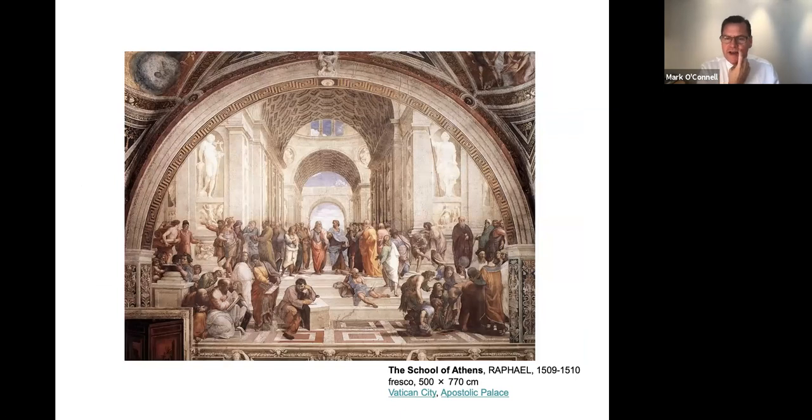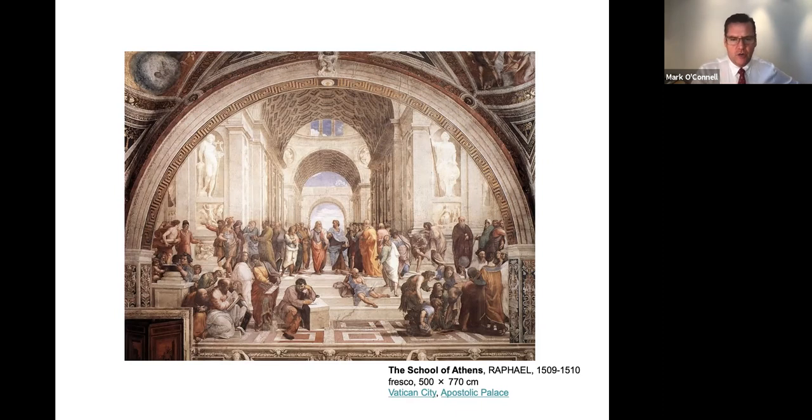Woohoo. School of Athens by Raphael. Fantastic painting and very one-point perspective. Basically it all focuses in on the two figures in the middle, and the one on the right is Da Vinci.